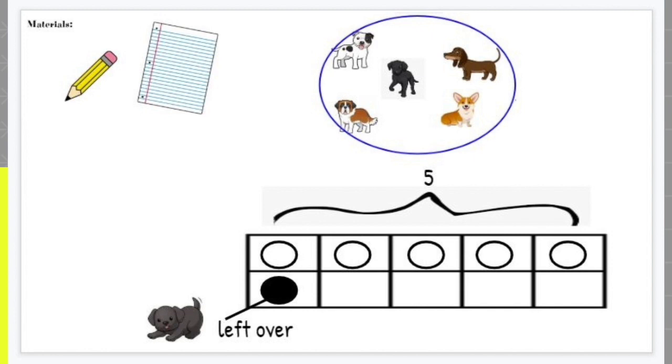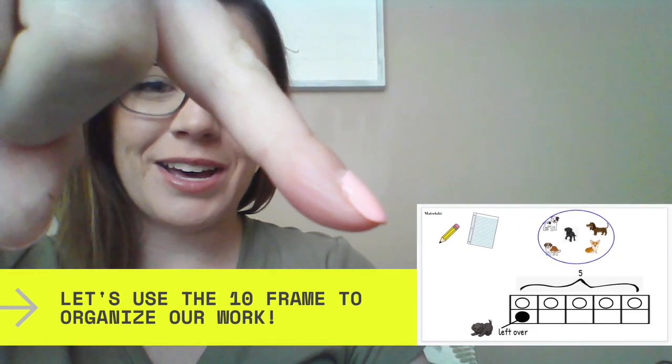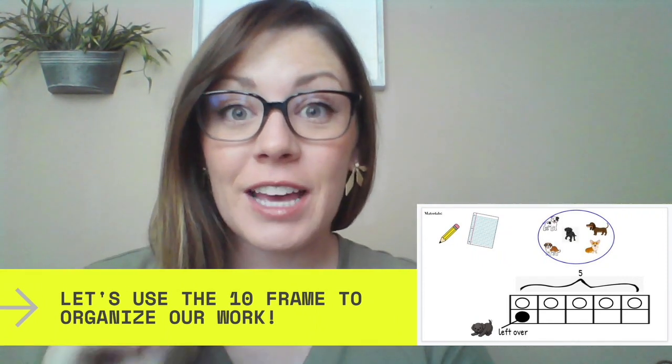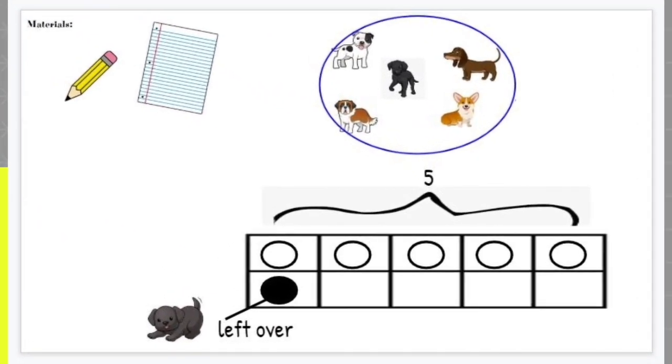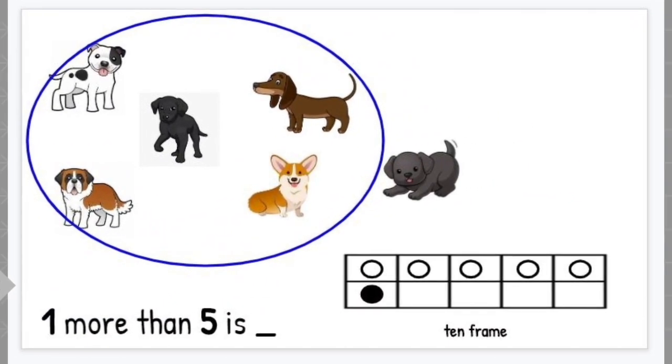And then at the bottom, okay, so down at the bottom, I have one filled in circle to show my leftover puppy, okay? He's not being left out. He just wasn't in the group of 5 that I found, okay? So we've got 5 puppies and then 1 left over in our 10 frame, using it to organize our thinking, okay?